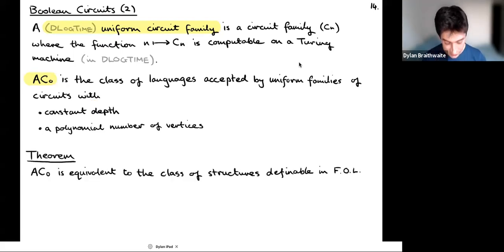And then we have this theorem that AC0 is exactly the class of structures definable in first order logic, except there's a slight caveat here, because in order to discuss the things definable in first order logic in a kind of complexity theoretic way, we need to be able to talk about the input in a similar way that Turing machines or circuit families do, which means we need to be able to inspect the bits of the input.